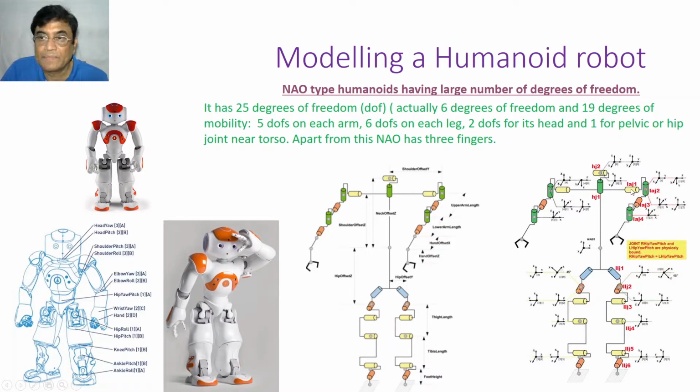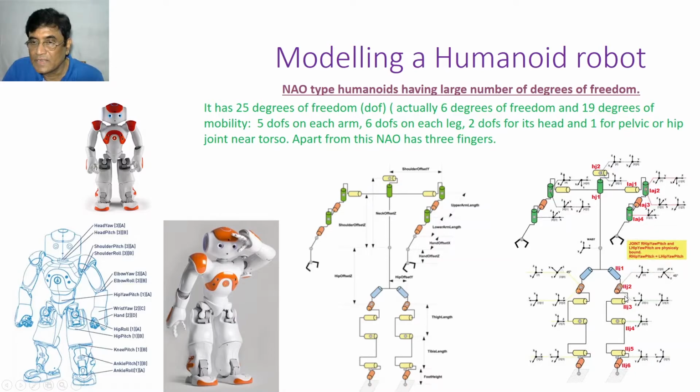This is the left shoulder, the left arm. This is the shoulder joint, with two degrees of freedom. Then again the elbow, and then the wrist. As many degrees of freedom as you have, that many coordinate frames have to be attached.